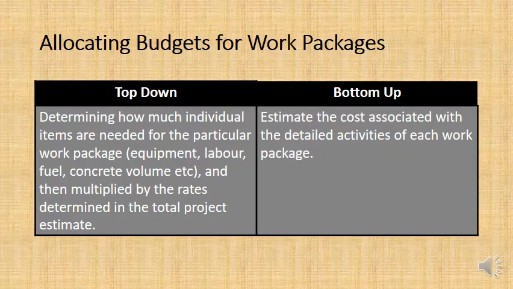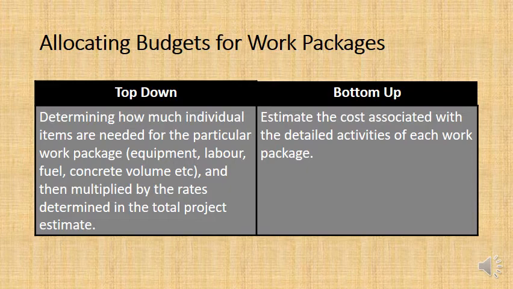Now, I want to talk about how do you allocate for work packages. Well, it comes down to estimating, but there are two general perspectives that you could approach when you are budgeting for a work package. So the first way is basically a top-down approach.